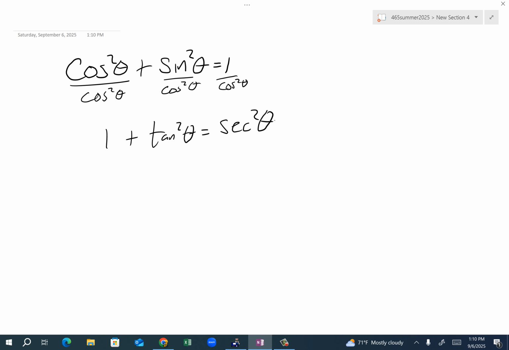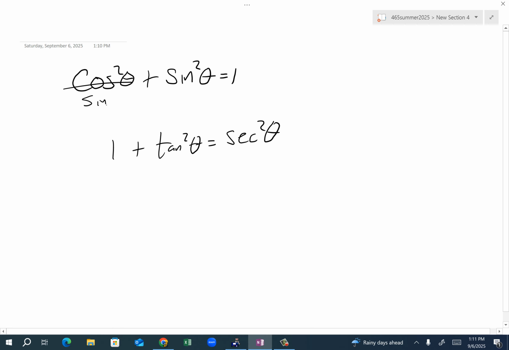But guess what? This guy is also called one of the Pythagorean identities. There's 3 of them. And why is that? Because they come from the same guy. If this is divided by sine squared, you end up with cotangent squared plus 1 is equal to cosecant squared of theta.